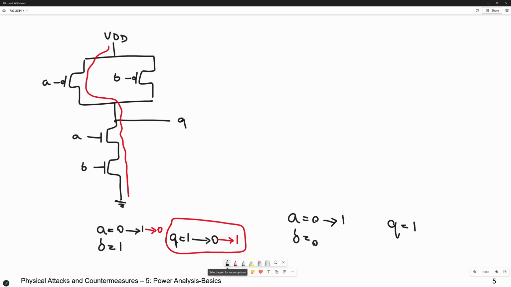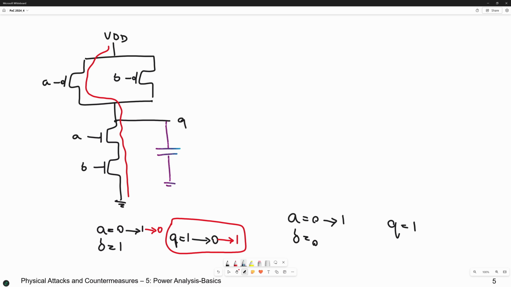Good. Another type of power consumption, which is also important, and which also originates from changing the output, is that these CMOS gates have some form of capacitor at the output. I mean, these capacitors are not built intentionally by the engineers. They are actually built by themselves.